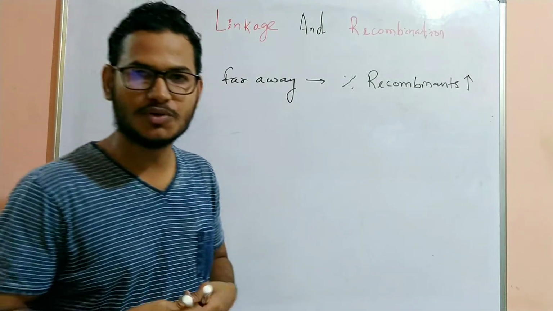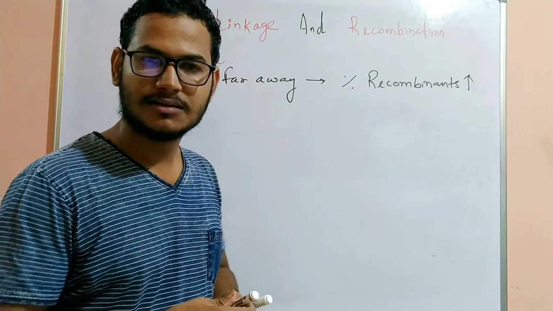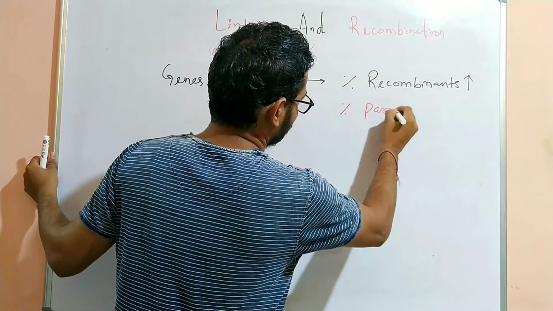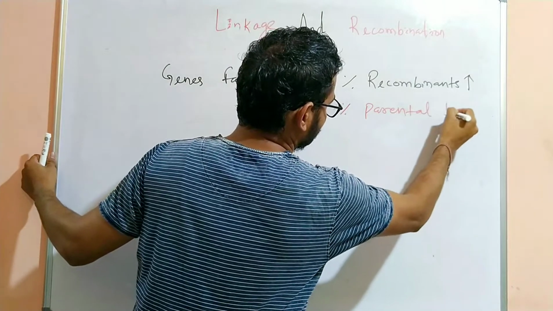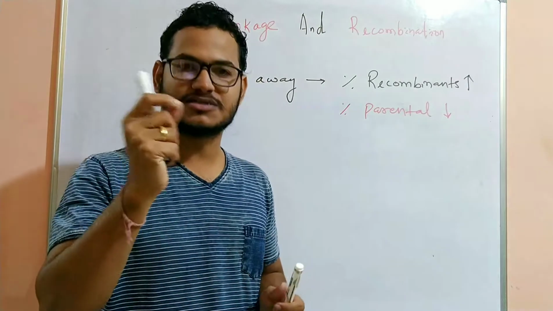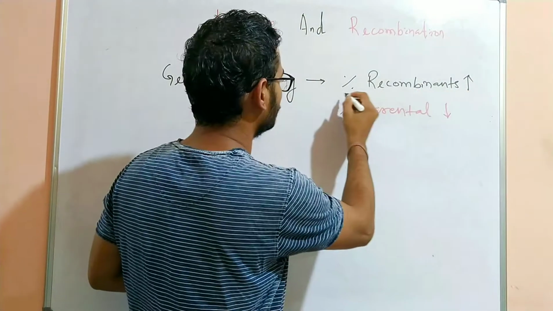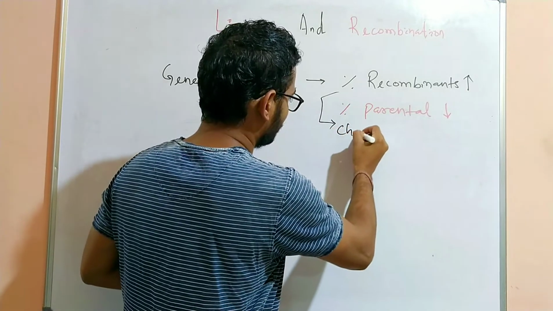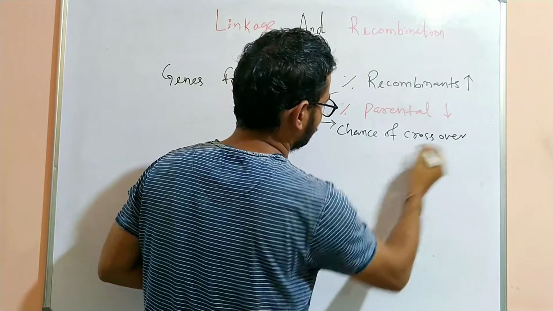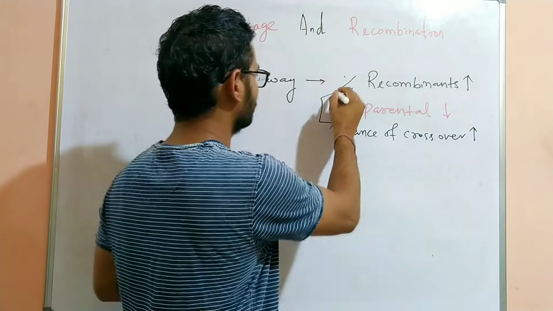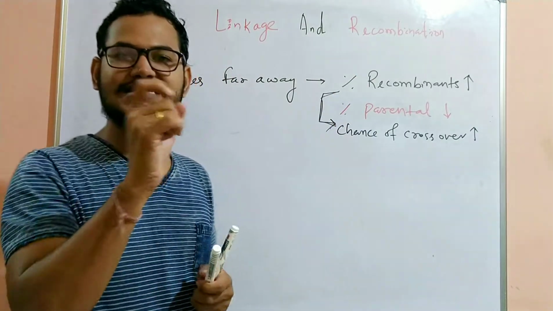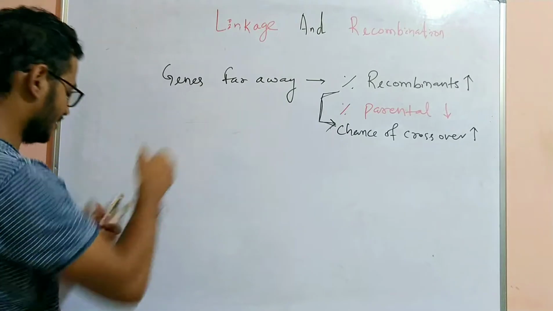Recombinants being more means the parental character will be less, means percentage of parental character is less. From this we can say the chance of crossing over, as the recombinants are more, the chance of crossover is also more, because these two are connected with each other. Clear?